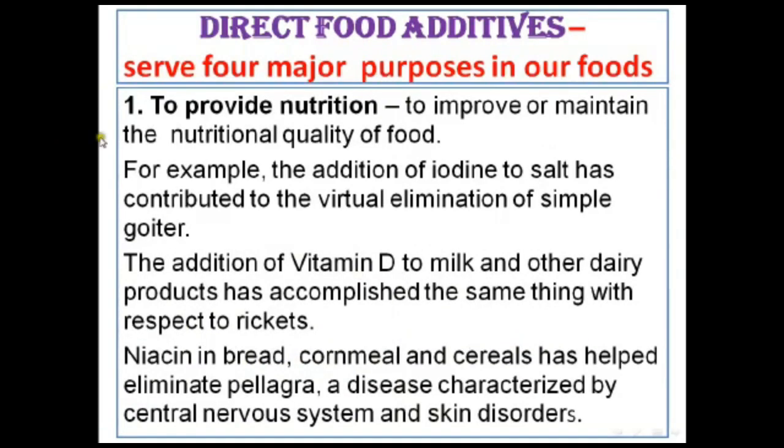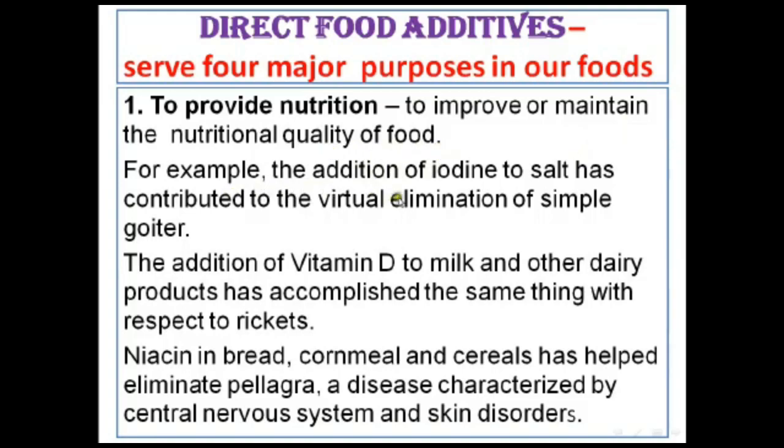Now there are some major purposes, some requirements, for why we add these food additives to food products. The first thing we see is to provide nutrition. How does it provide nutrition? It is added to improve or maintain the nutritional quality of the food.